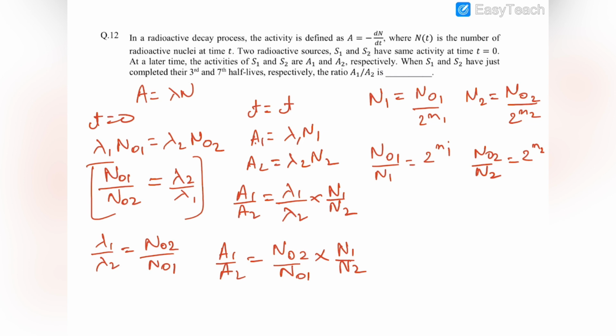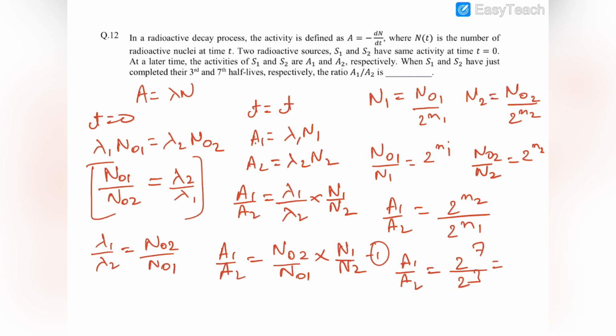So you can substitute this value in equation number 1. So A1 by A2 will be equal to N naught 2 by N2, which is 2 to the power n2, divided by N naught 1 by N1, which is 2 to the power n1. So A1 by A2 will be equal to 2 to the power 7 divided by 2 to the power 3. So it is 2 to the power 4, which is equal to 16. So the correct answer would be 16.